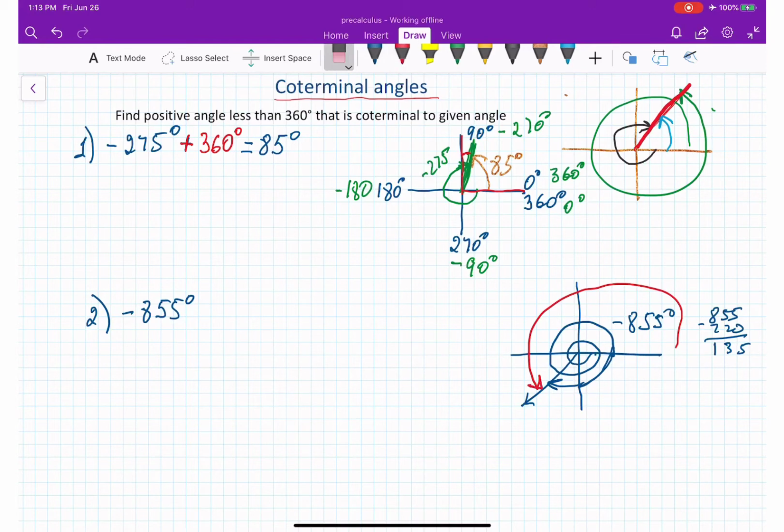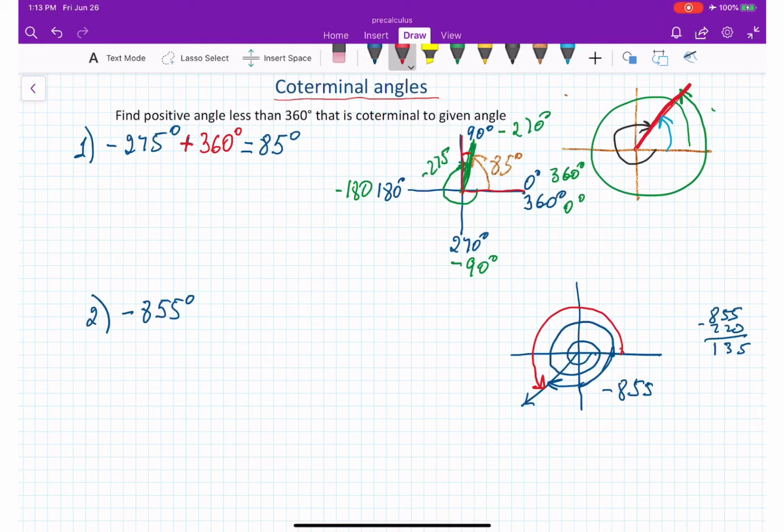Okay, or you know what, let me move it here, so I would have space for the positive degree. Much better. So how many degrees is this going to be? Let's see.